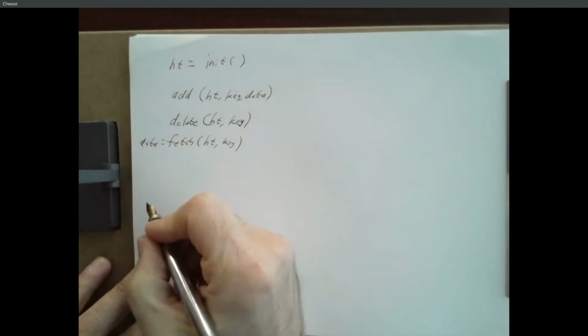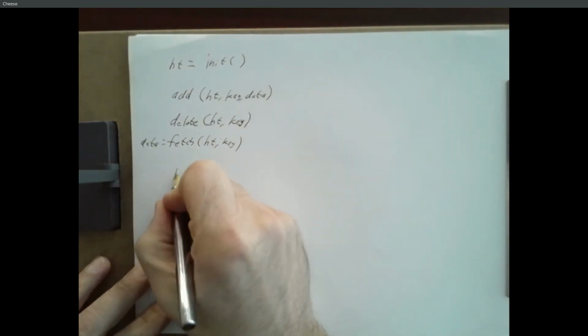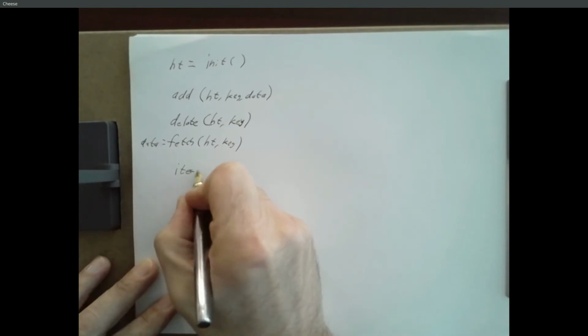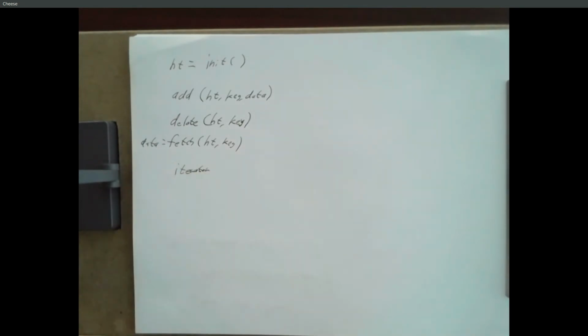The general approach would be something we can call an iterator. We'll talk about these a lot in 2.23. The idea of an iterator is it does exactly what we're trying to do in this case. It's a function we can call that will give us all the stuff in our table, one piece at a time.